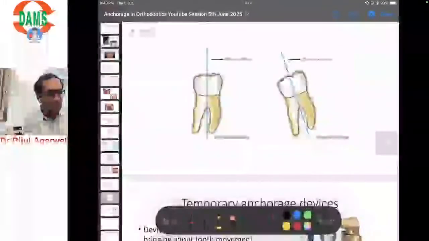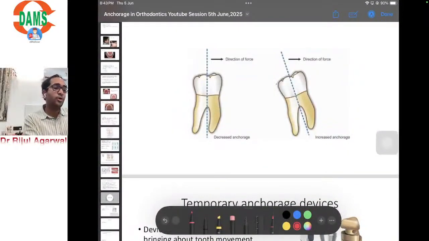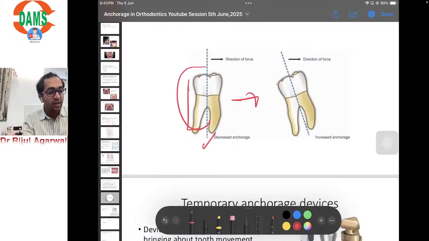What is the advantage of tipping these teeth? As I've already told you, cortical anchorage. If we tip these teeth distally, the applied force will first upright them, then they'll move. Rather than if they are upright, they will start to move forward quickly. So upright teeth decrease anchorage, distally tipped teeth give more anchorage.